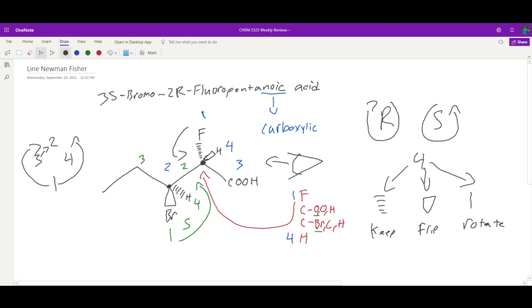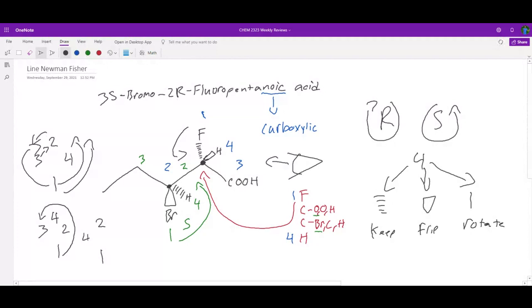So you don't do 3 to 2, right? It's easier if you go 2 to 3. So that's why you go to the right, clockwise. And if you have a situation like this, it's perfectly fine to skip number 4 and go to 3. Okay, that is perfectly fine.